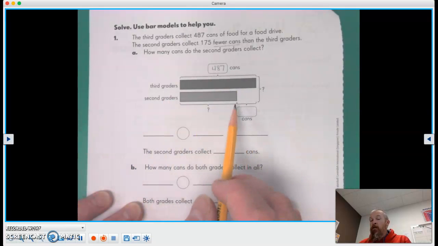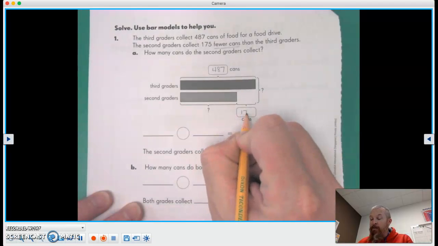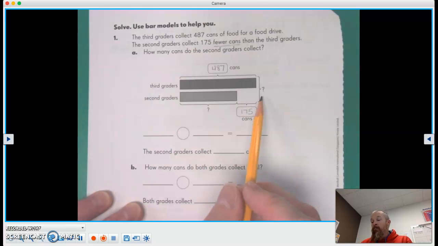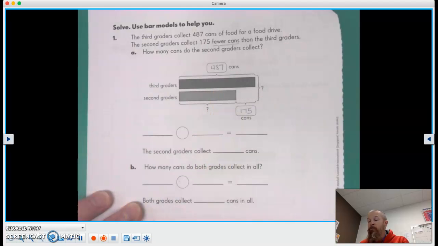So what do we know? We know how many fewer they collect, which is 175, but we don't know how many the second graders collect yet. Okay? So we have a part over here, we're missing a part, and there's the whole.